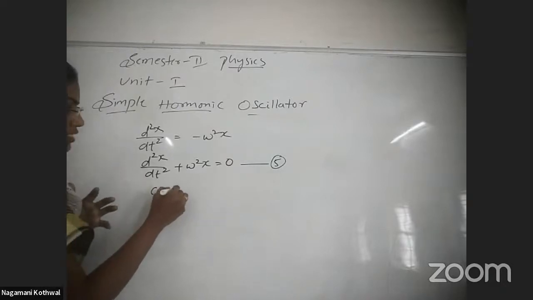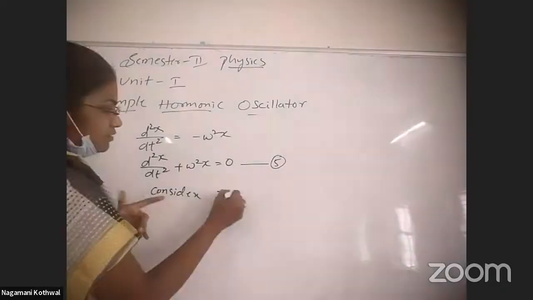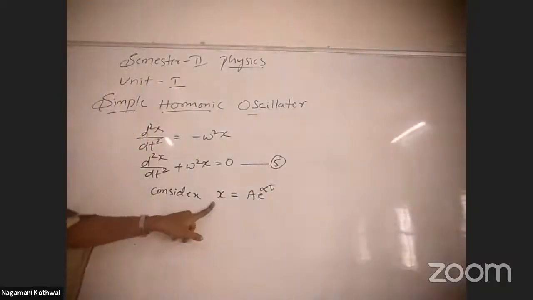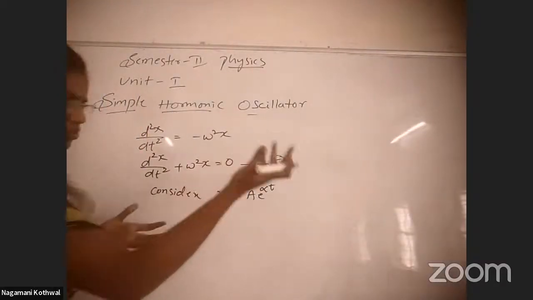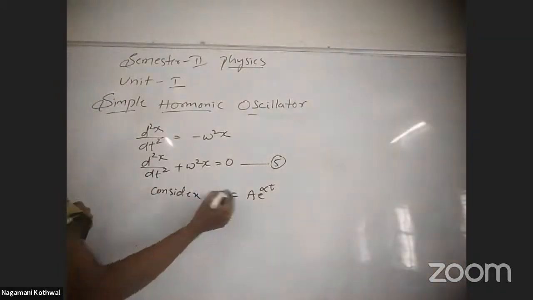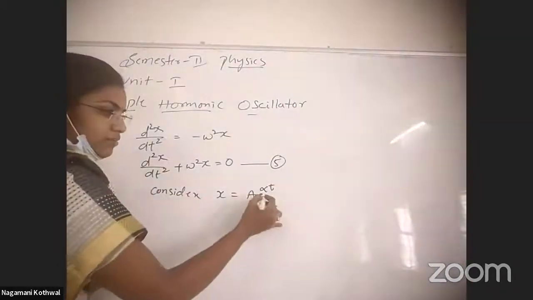So what I am doing is consider x is equal to a e raised to alpha t, or a e raised to some alpha x. x is already there, so I'm taking t. This is a completely constant quantity. Why am I taking it?